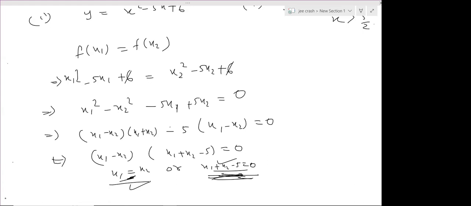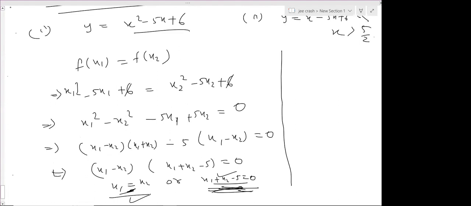Yes, sir. Okay. And graphically also, this is an upward facing parabola. Since class 10th, you know this. So for a single y, if you draw a line like this, there are two x, right? Yes, sir.